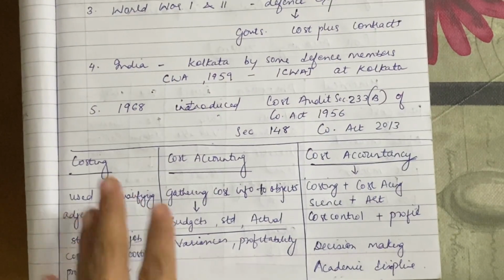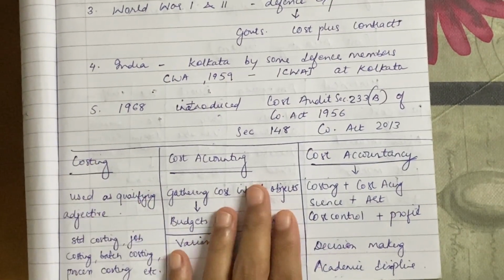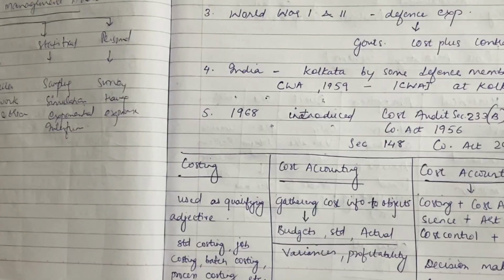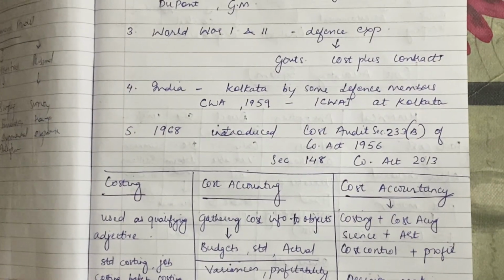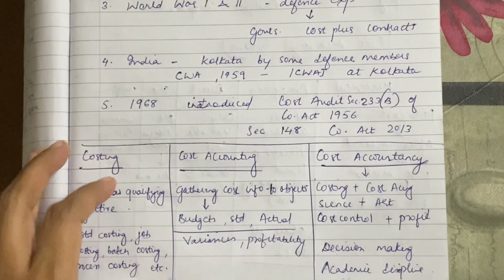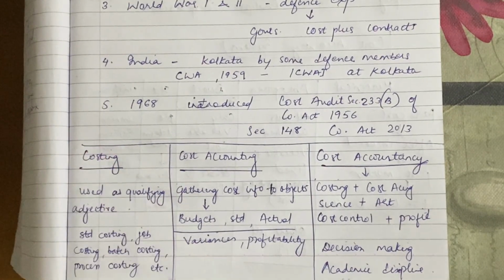Now there are a few basic definitions: what is costing, what is cost accounting, what is cost accountancy? These three terms are mostly used interchangeably. First, costing is often used as a qualifying adjective.